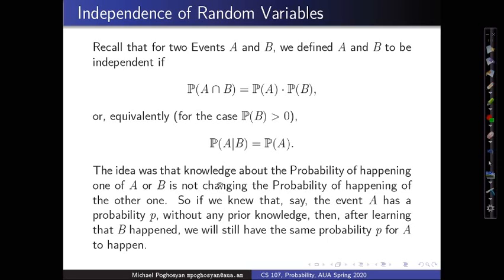Let me give a quick example. If I am rolling a fair die, what is the probability that I will have 2? So the probability is 1 over 6, of course. This is the calculation of the probability of 2 without any prior knowledge.